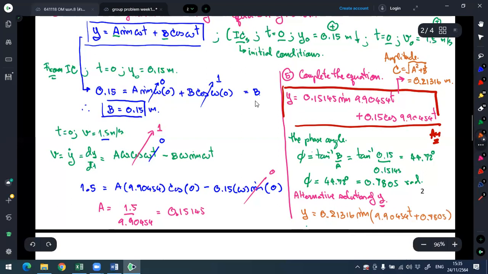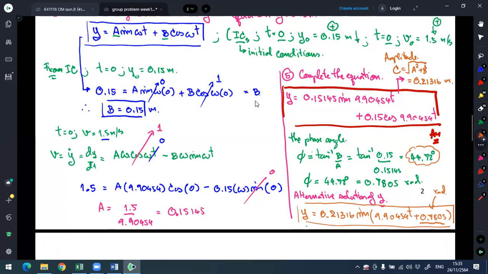Note that the angle phi in this term has to be in radians. You cannot use the degree value, because in the equation that describes the motion of the system, the phase angle should be in radians. Be careful to apply it.